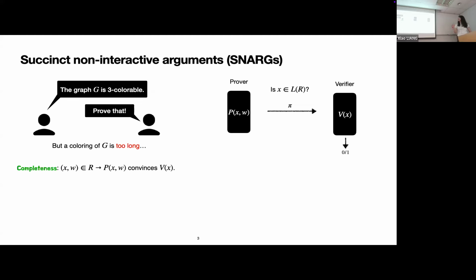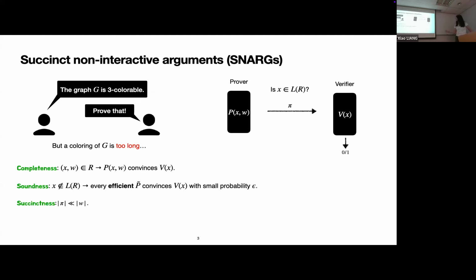So the SNARGs should satisfy a couple of properties. So first of all, it has to be complete, right? So if the graph is three-colorable, we want the verifier to always accept. So you want the honest prover to always be able to convince the verifier if it's a yes instance. And soundness says that if you have a no instance, then every efficient prover should not be able to convince the verifier, or it can only do so with some small probability.